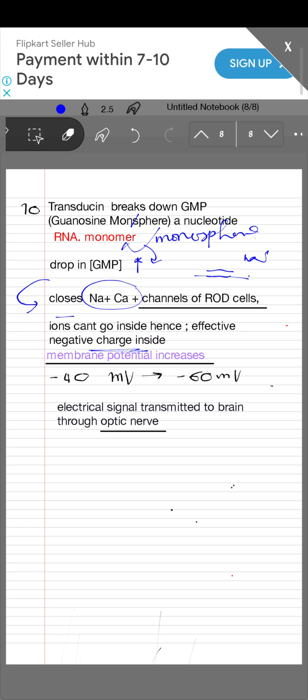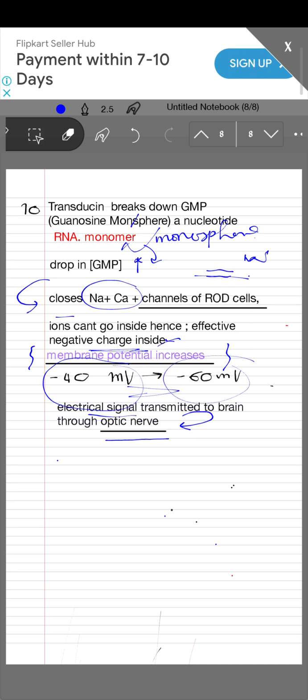So this negative charge causes the membrane potential of this rod cell to change, like from minus 40 to minus 60 millivolt. And due to this change in potential, electrical signals are created, and lastly they are transmitted to the brain through the optic nerve. So this is how we see images.